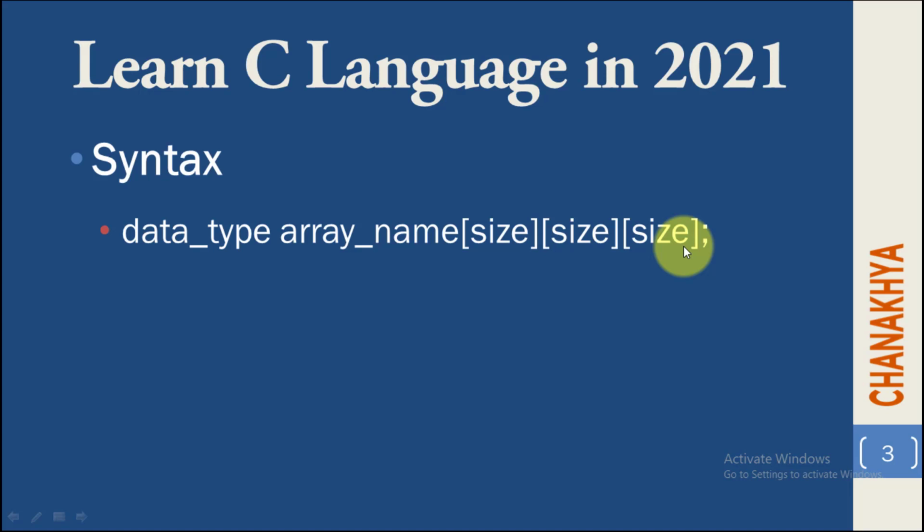If you are working on a building having more than one floor, this specifies the x-axis on the ground floor, and this specifies the number of floors having the same common x-axis and y-axis. That is the concept of a three-dimensional array in C.